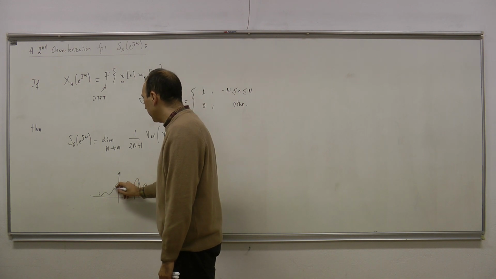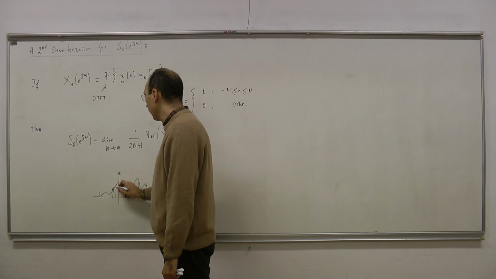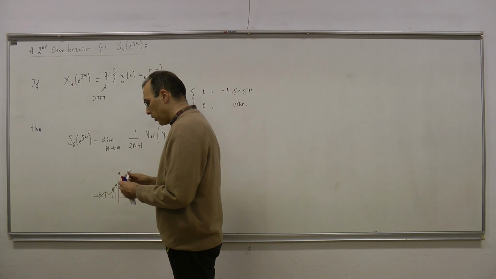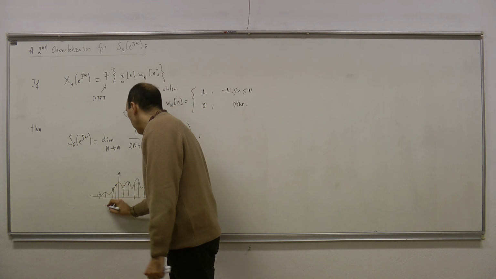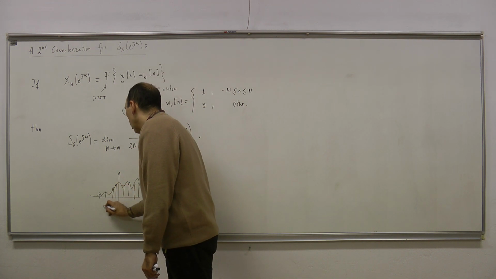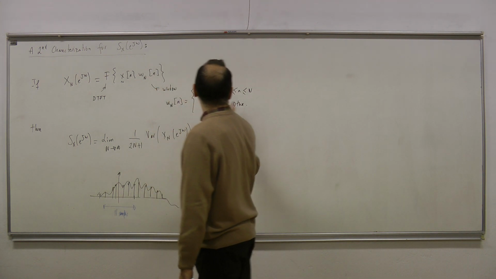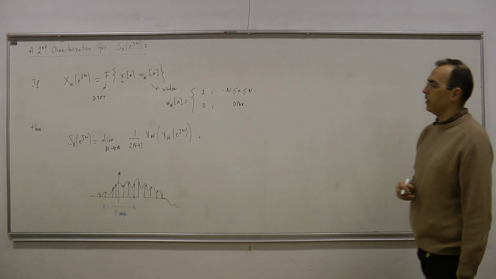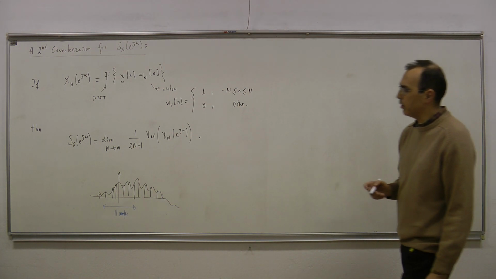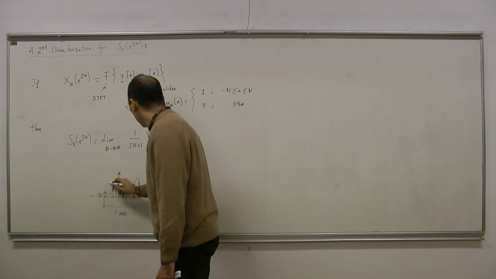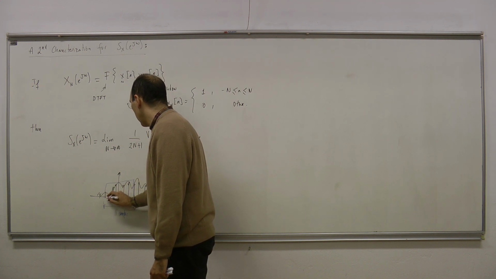So I'm taking its samples, as you see. So I'm taking, let's say, 11 samples, because from -5 to 5, then I get 11 samples over there. So these are the samples in this window.